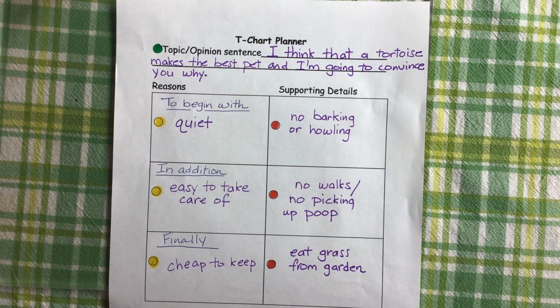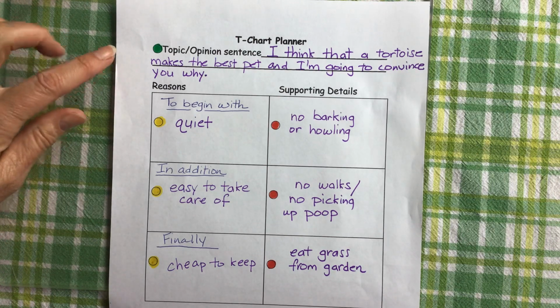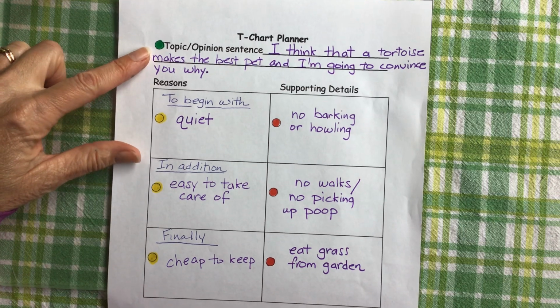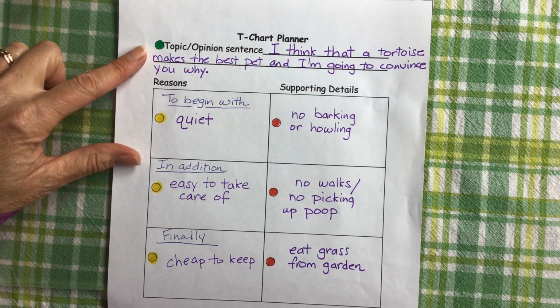So you did some brainstorming ideas in part 1. And then in part 2, you took those reasons from your brainstorming chart and you put them into your rough draft. So I'm just going to review our rough draft very quickly. In our rough draft, we have our topic sentence, and our topic sentence is really our big idea, whatever that best pet that you chose is.